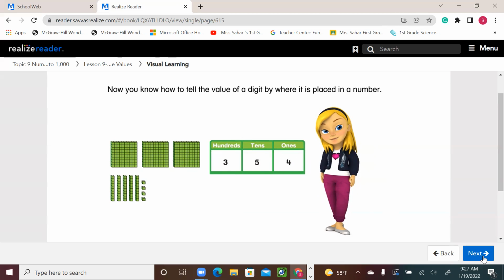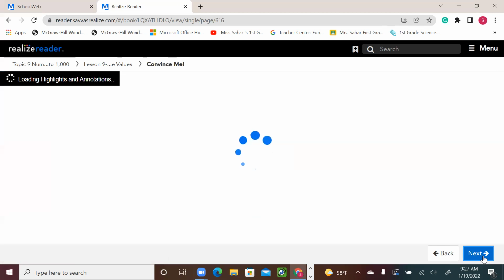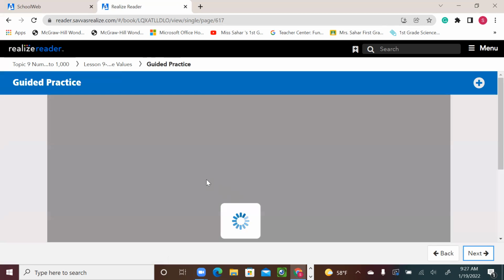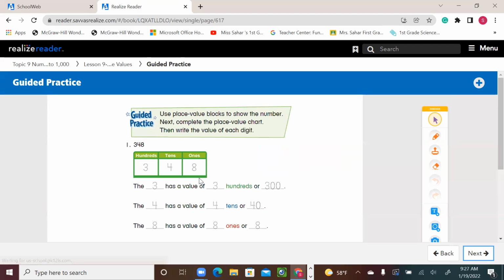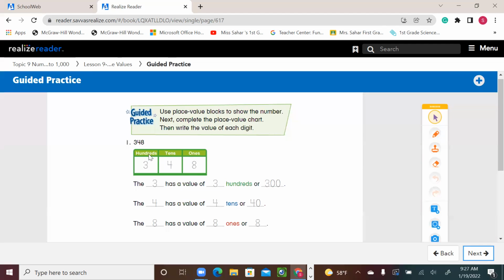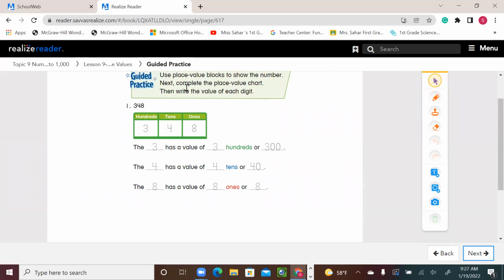All right, let's go see the exercise we have in our guided practice, page 386. Use place value blocks to show the number. Next, complete the place value chart, then write the value of each digit. So 348. I can see that 348 means 300.